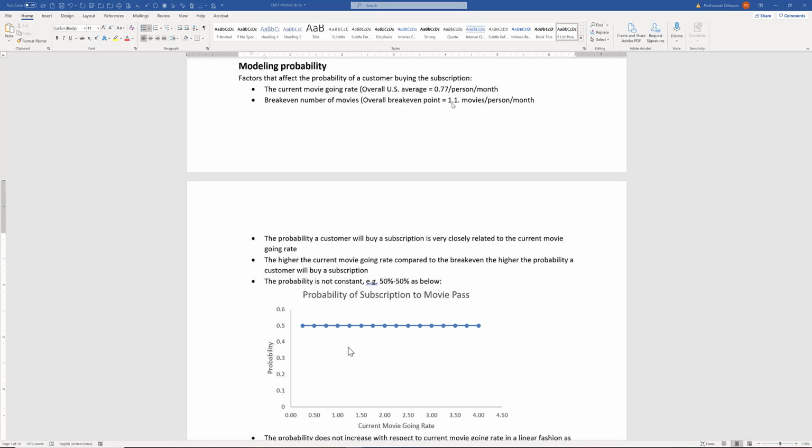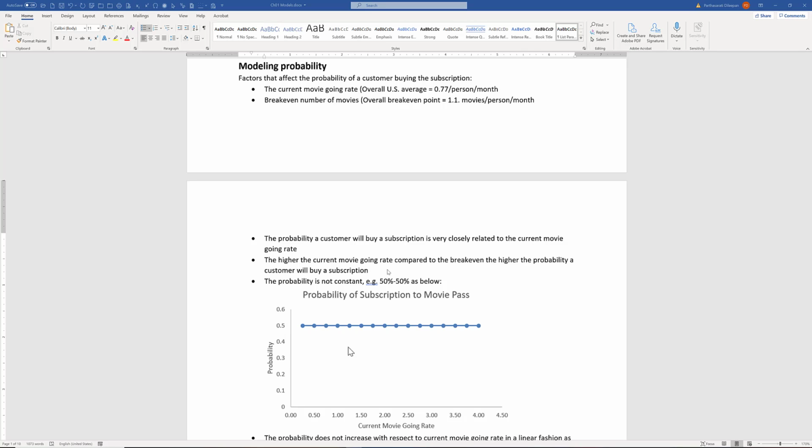The smaller the current movie going rate, the smaller the probability. The larger the current movie going rate with respect to the break-even point, the higher the probability. So the probability a customer will buy a subscription is very closely related to the current movie going rate.